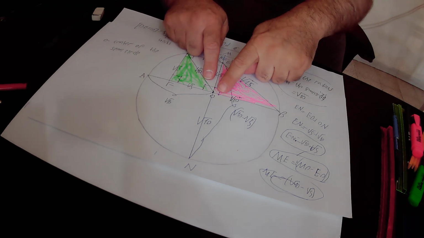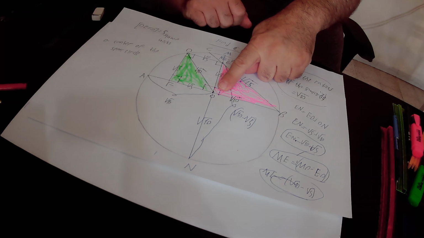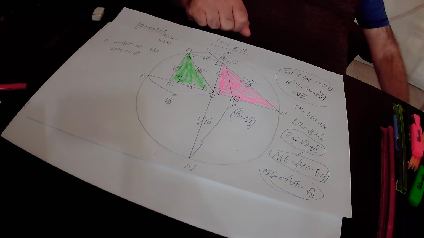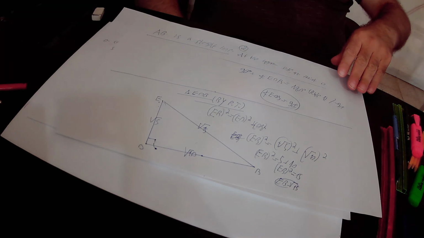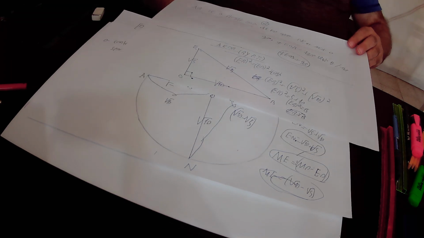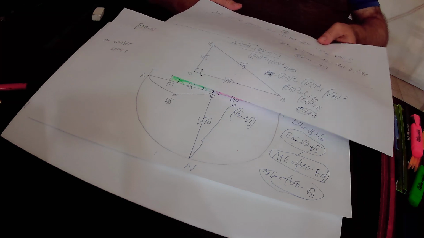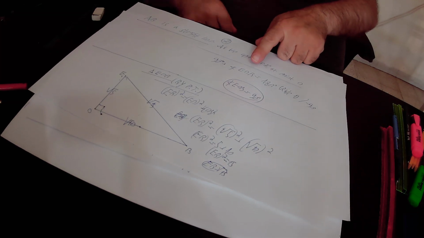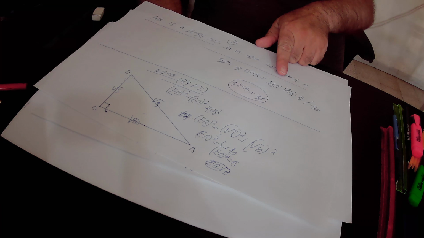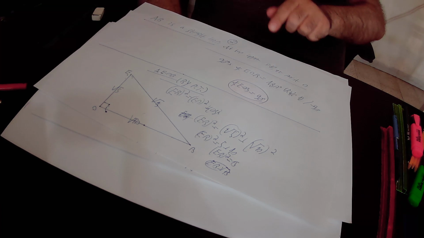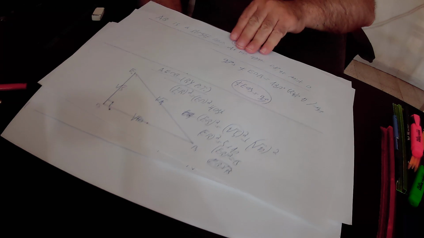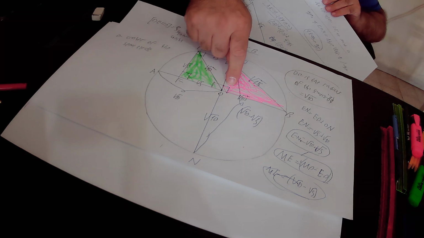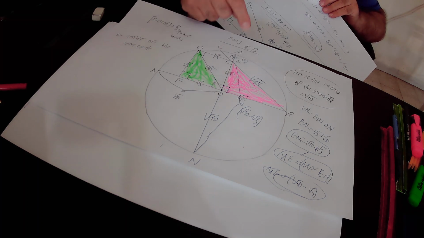So 90 degrees plus the missing angle, that is angle EOB, must equal 180 degrees. Here we subtracted 90 degrees from this equation and found out that the missing angle EOB equals 90 degrees.